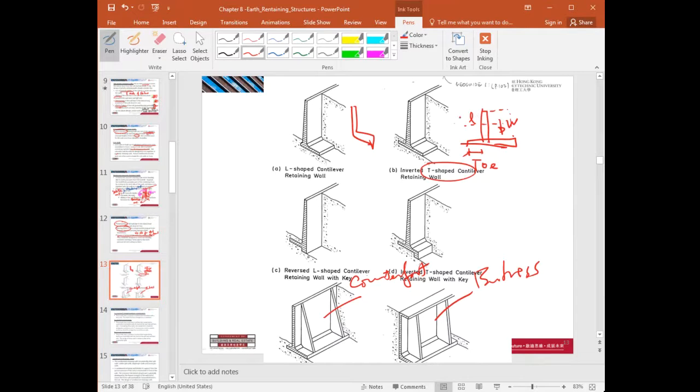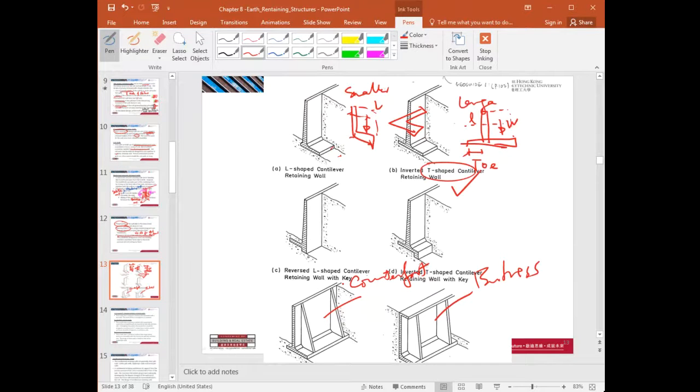Because of larger L. Here, for the L shape, this weight, smaller L, right? So this one should be better than the T shape, right? The inverted T shape is better than an L shape retaining wall. That's why in Hong Kong it's much more common to have the T shape cantilever retaining wall.